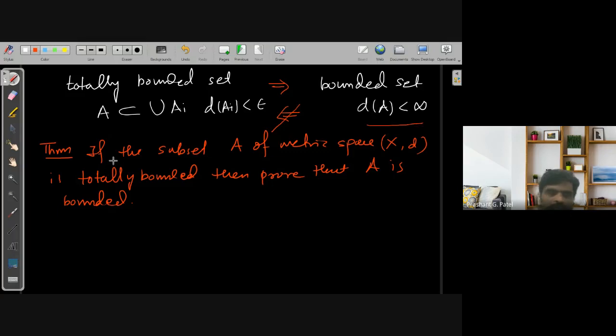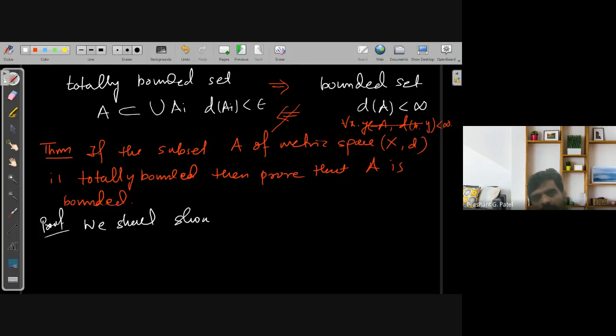So here we have to show that A is bounded. It is sufficient to prove that the diameter is finite, or I can say for every pair of points x and y in A, the distance between those two points is finite. So for the proof, we shall show that A is bounded.